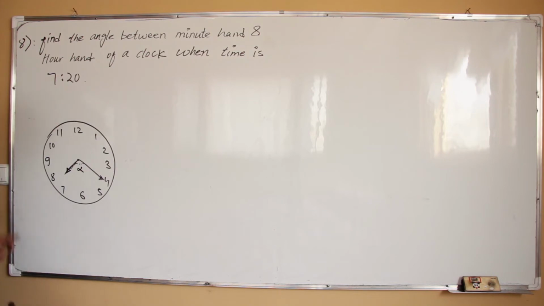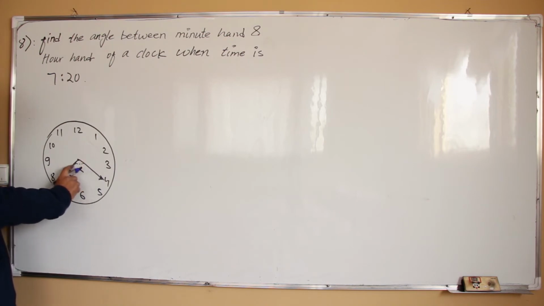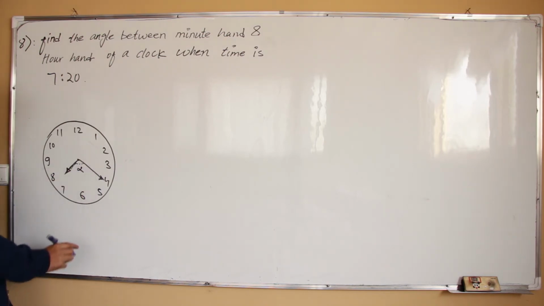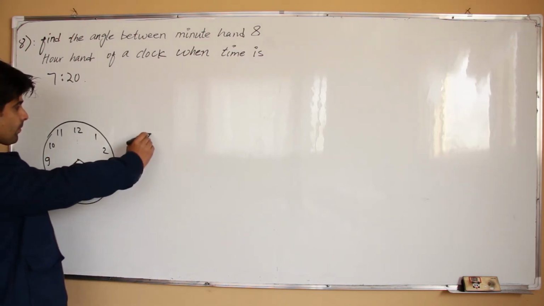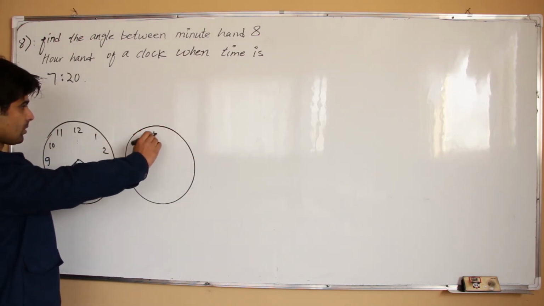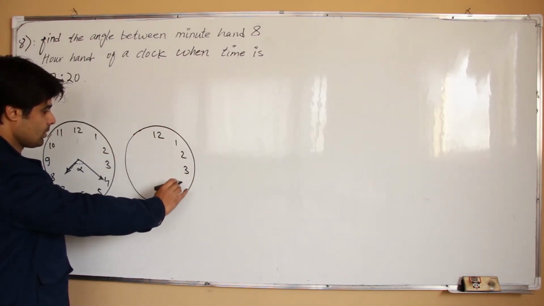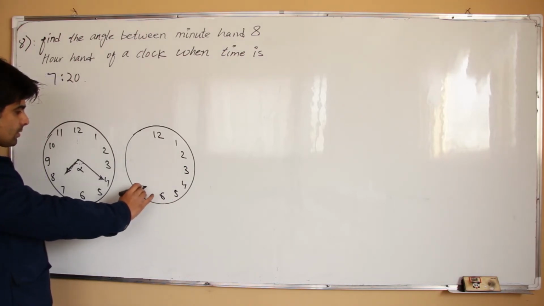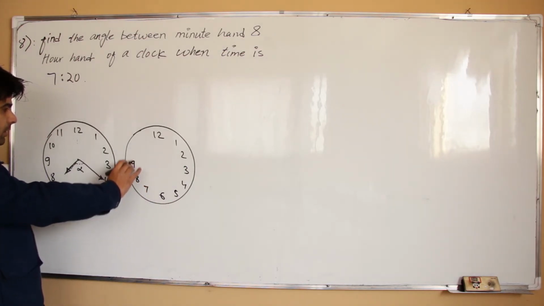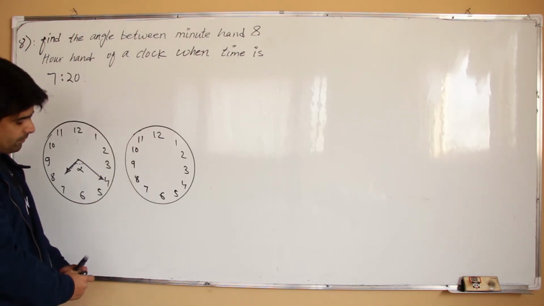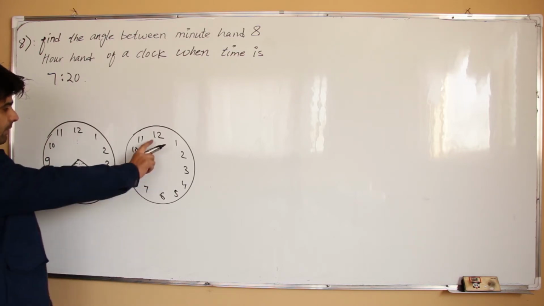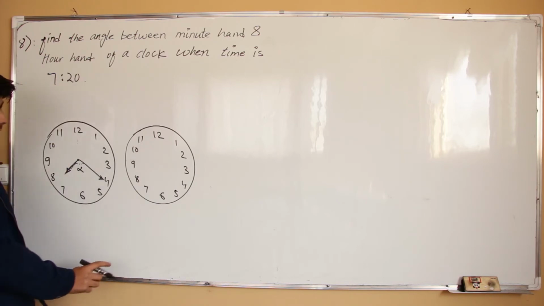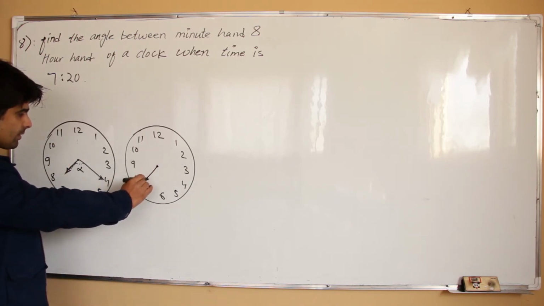How can you find it? If you want to find this alpha, first, everything on a clock is measured from 12. This is our clock: 12, 1, 2, 3, 4, 5, 6, 7, 8, 9, 10, 11 and 12. Everything is measured from the 12. Whenever we are talking about 7:20, the hour hand is between 7 and 8.